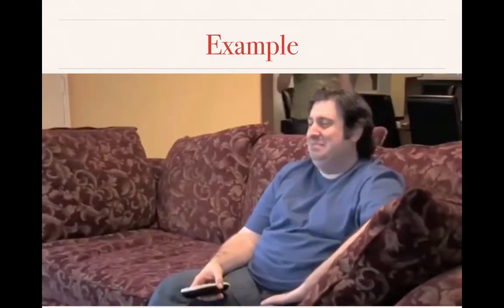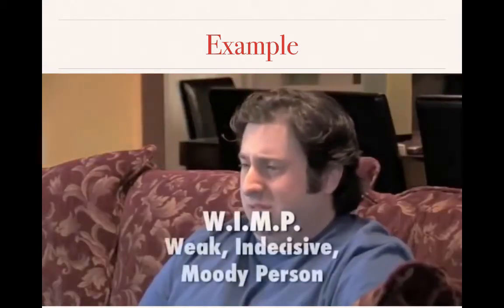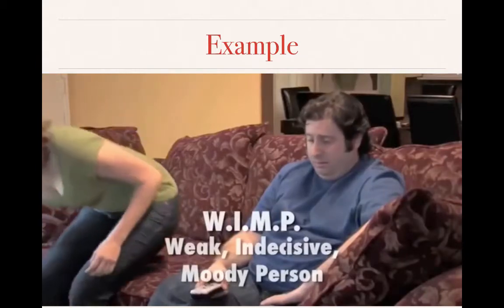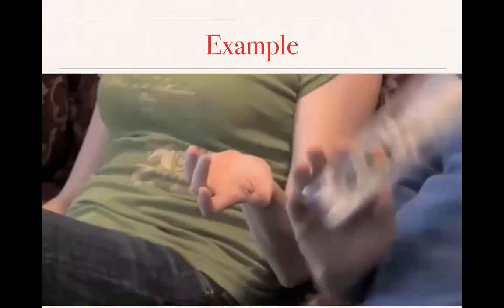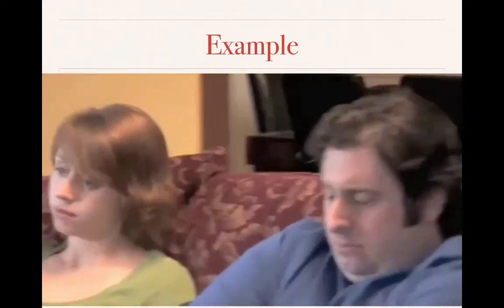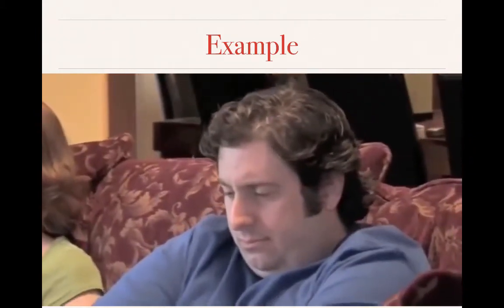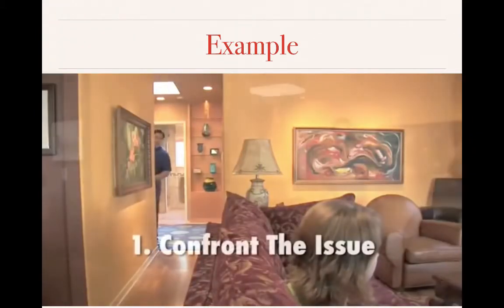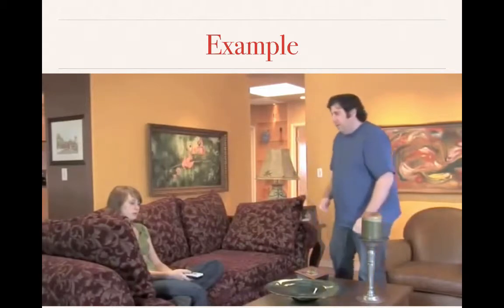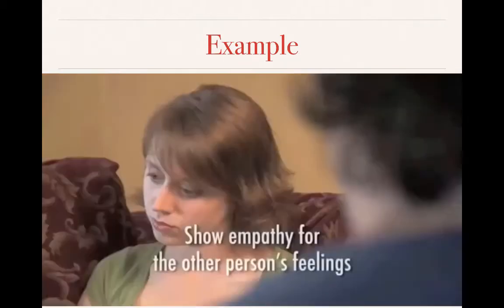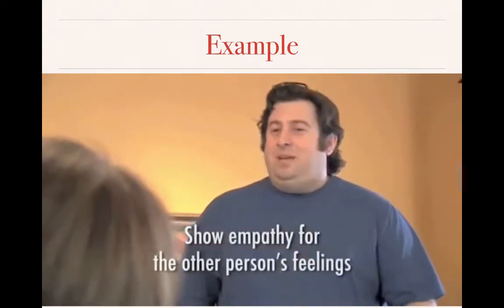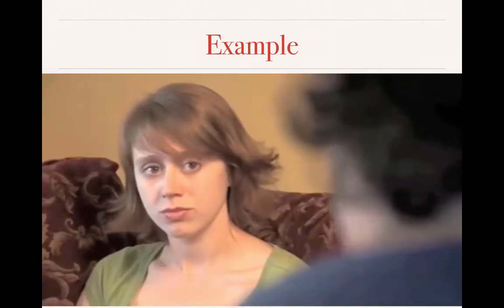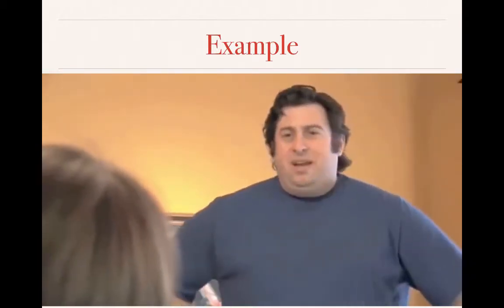How to be assertive. When you suffer from WIMP syndrome, you're not the only one who hurts. You're actually annoying everyone around you. Don't believe us? Ask your doctor. So stop it. Here's how to stand up for yourself. Step 1. Confront the issue. Honey, I understand that you get impatient with me when I'm in the bathroom and I'm doing my hair.